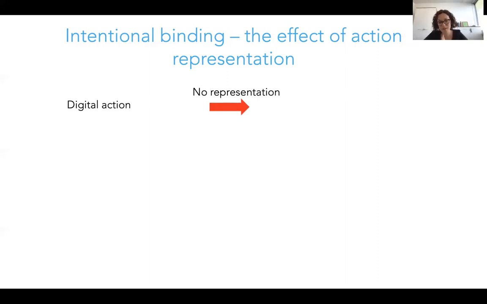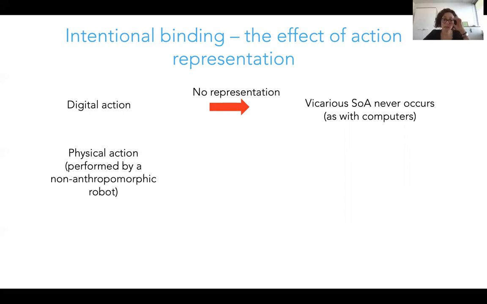So what we have learned is that if you have a digital action of a robot, so you don't have a physical sense, or it's difficult to have a physical sensory motor representation of that action, then vicarious sense of agency never occurs for a non-humanoid robot. Then if you have a physical action performed by a non-humanoid, non-anthropomorphic robot, there's a weak representation of the sensory motor part.